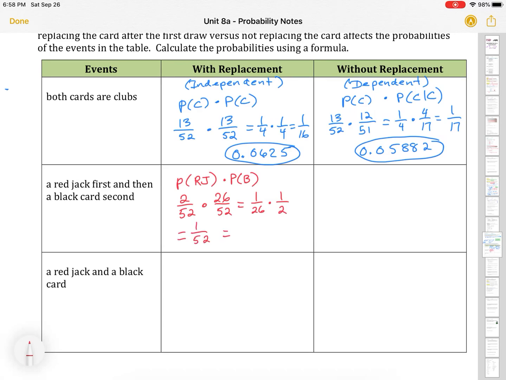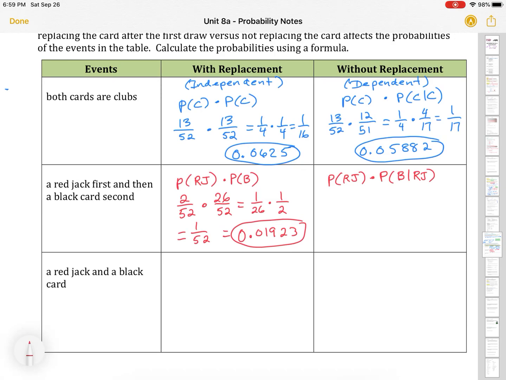So 2 out of 52 reduces to 1/26, and 26 out of 52 reduces to 1/2. So that equals 1 out of 52. Or if I put it in decimal form, 1 divided by 52 is 0.01923. That's enough decimals. Usually I'll specify decimals, but it's easier to compare decimals and fractions because we don't know if we're going to have the same denominator.